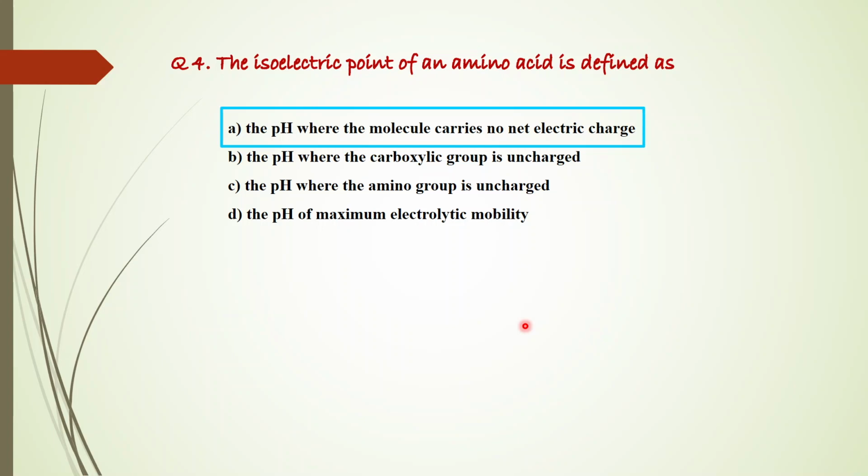That does not mean the entity is uncharged. It has charged species like NH3+ and COO-, but the overall net electric charge is 0. So be clear with that. Do not mix it up with the entity itself being an uncharged species.